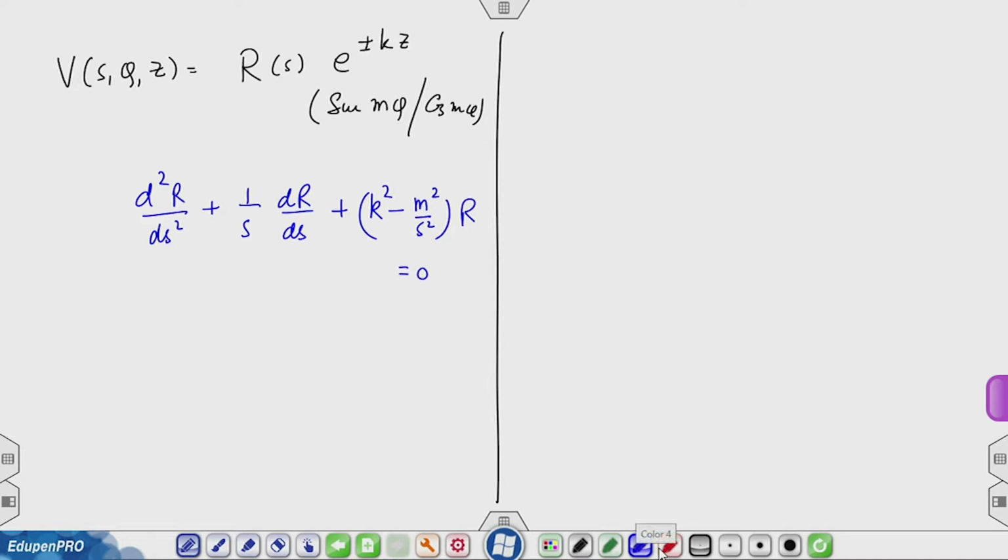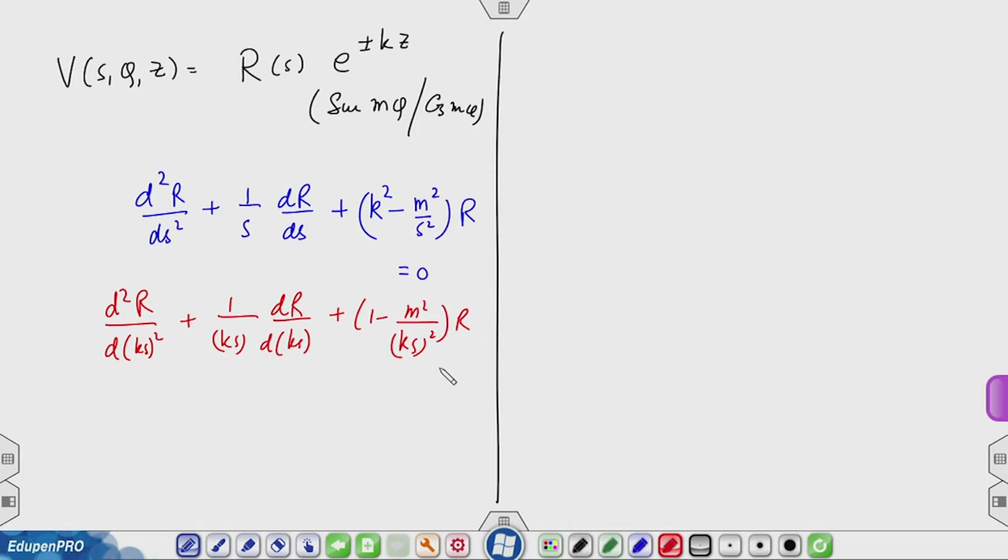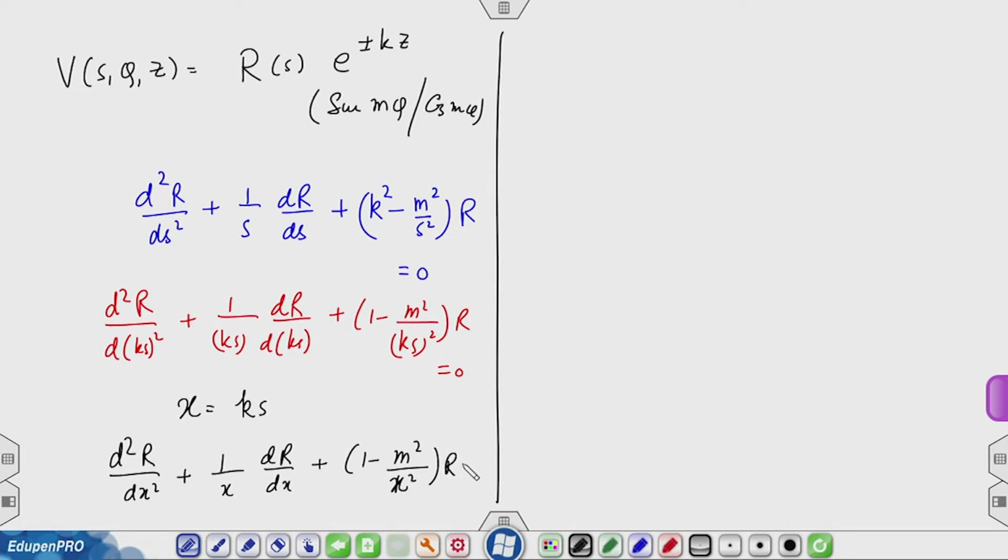Let me divide the whole thing by k to get d2R over d(ks) square plus 1 over ks dR over d(ks) plus (1 minus m square over (ks) square) R is equal to 0, and take x equals ks, a dimensionless number, because k is like 1 over L dimension, and you get d2R over dx square plus 1 over x dR over dx plus (1 minus m square over x square) R is equal to 0.